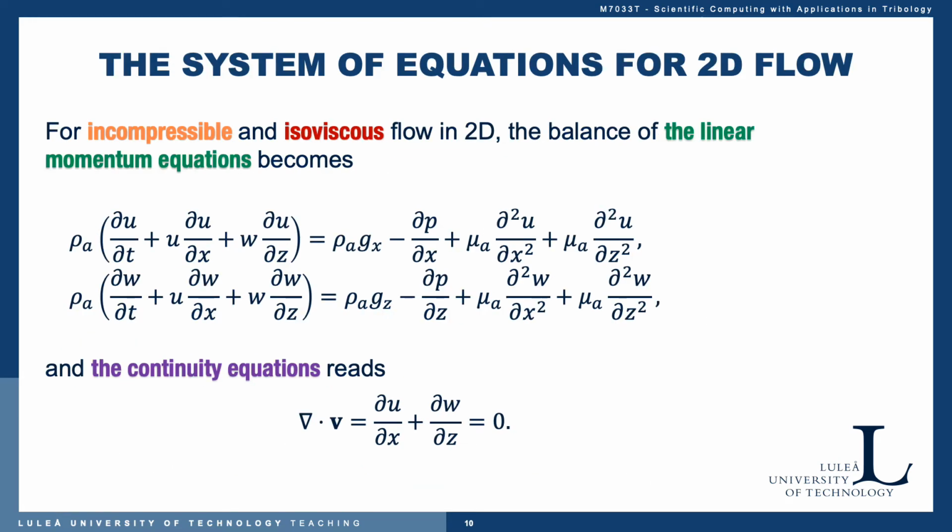We saw exactly which set of parameters we should use in order to reduce the system. But first of all, if the system of equations considered is for an incompressible and isoviscous flow in 2D, then the balance of the linear momentum becomes significantly reduced immediately.